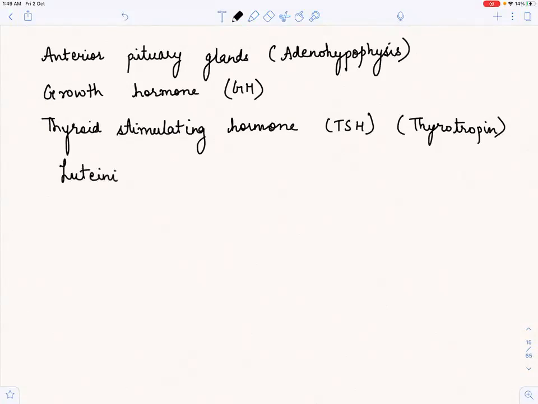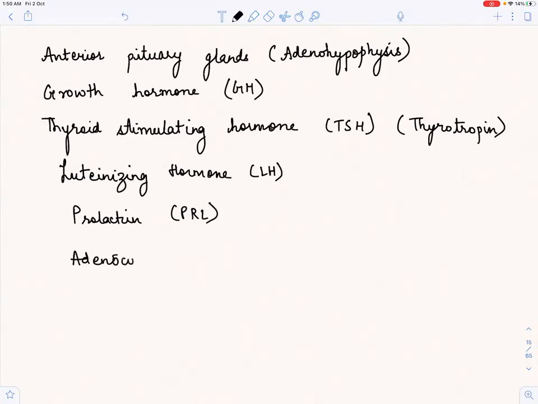Then the luteinizing hormone and prolactin and adrenocorticotropin hormone.